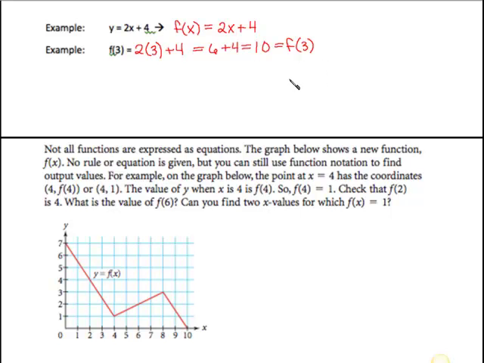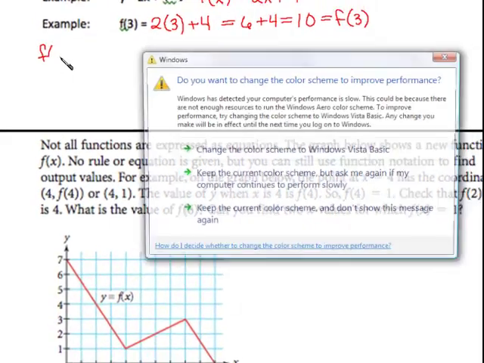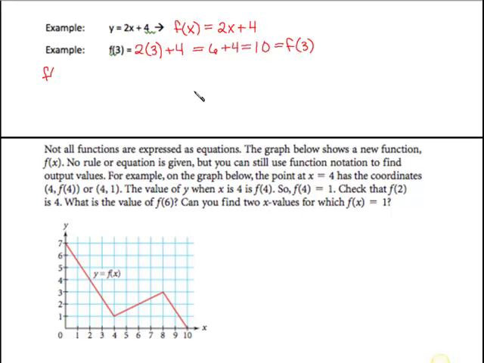We can also do things like say, what is f of 2 plus f of 1. Okay, this is one of the benefits of using this function notation.